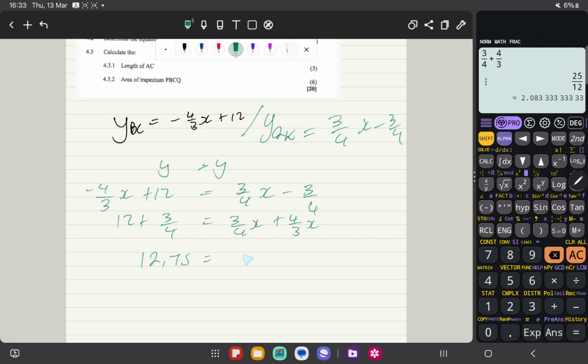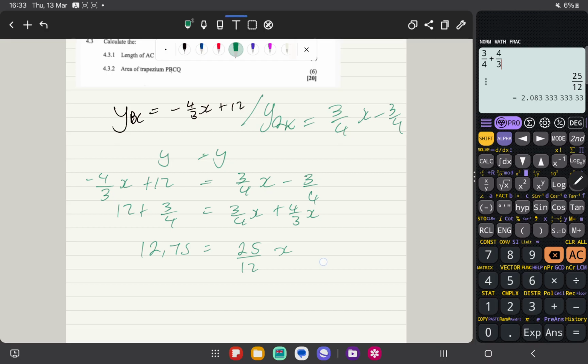Yeah, that is so. 25/12 x. Now I want x, so I multiply everything. Let me write 12.75 as 51/4. Because I want x, I multiply everything by 12/25.